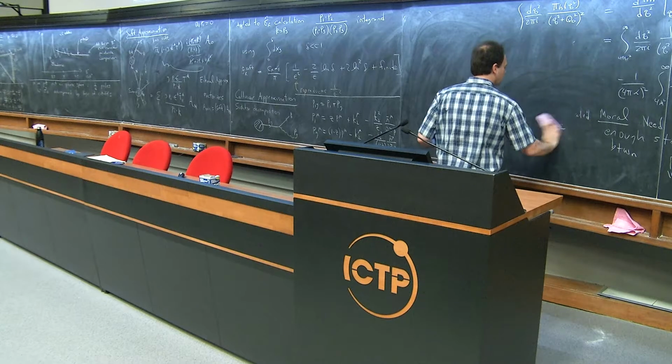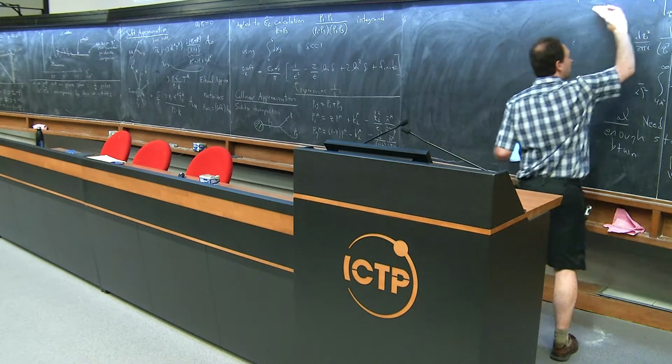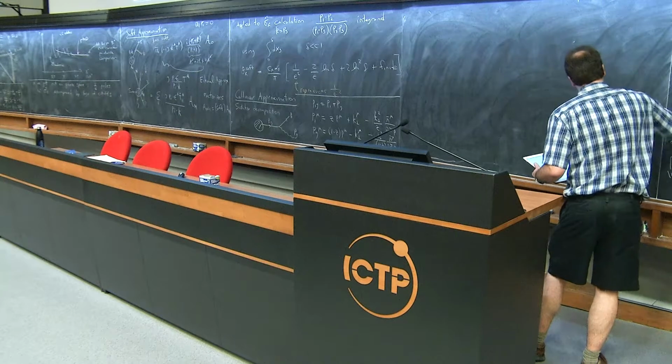I'm going to define the collinear limit as the limit as K perp goes to 0 in this decomposition.